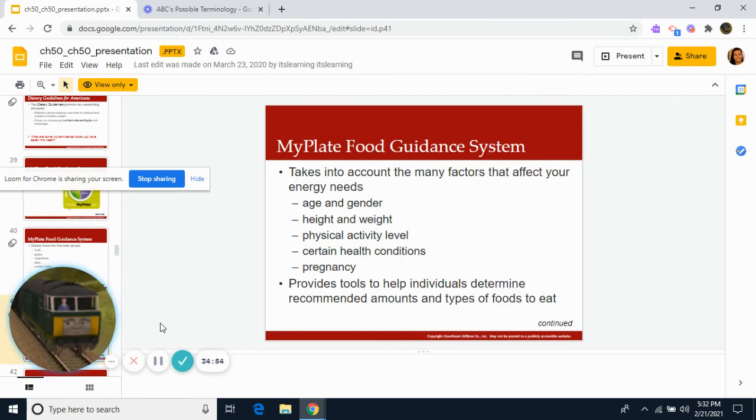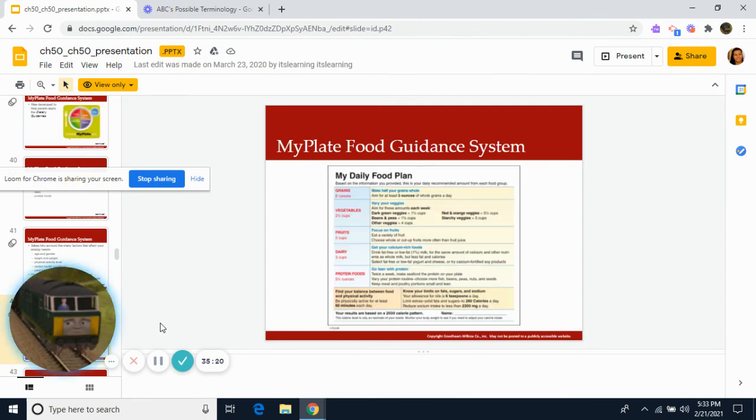It takes into account many factors that affect your energy needs: age and gender, height and weight, physical activity level, certain health conditions, and pregnancy. It provides tools to help individuals determine recommended amounts and types of food to eat. My daily food plan.